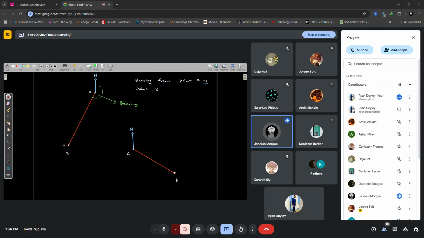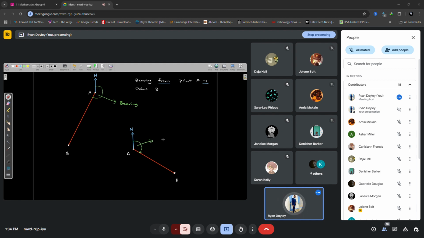You draw the circle from the north line, come around clockwise. So you draw an angle starting from the north line, and then you stop whenever it touches the line connecting both.